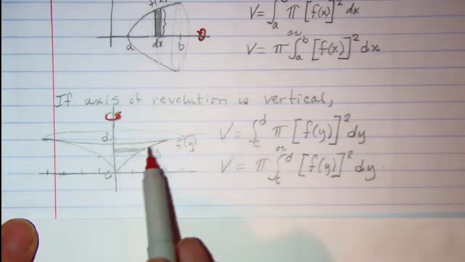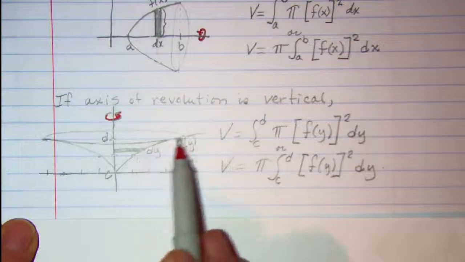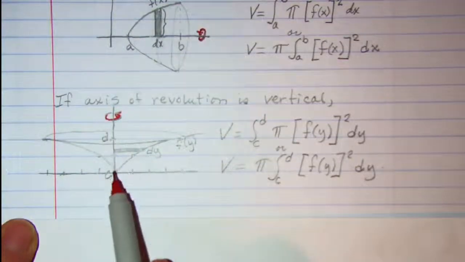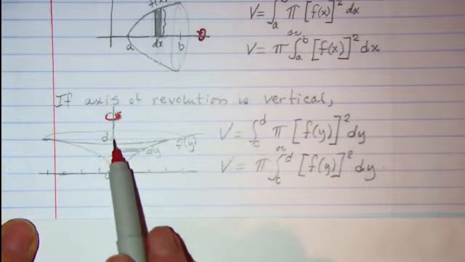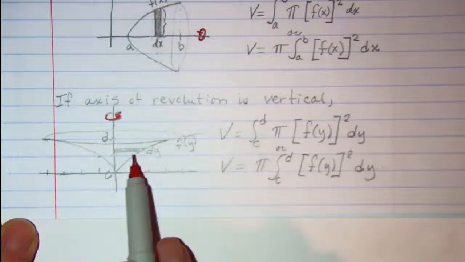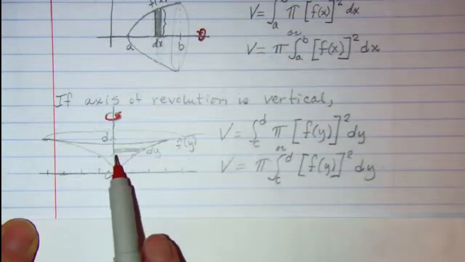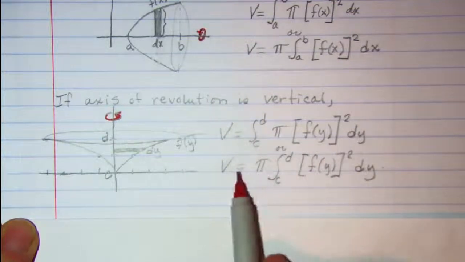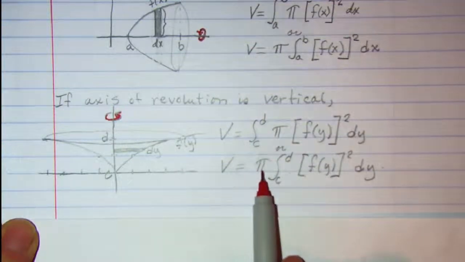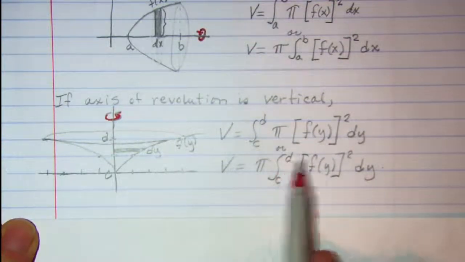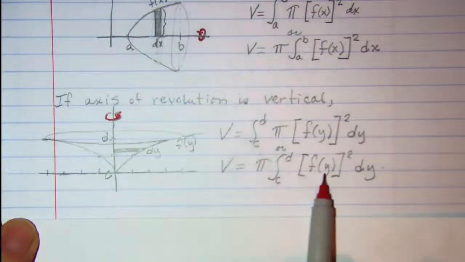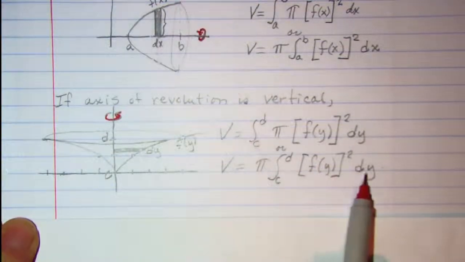Here's our function. So for any given y value, as we move along the interval from c to d, f of y would be the value that we get when we plug in our y value. So volume equals pi times the integral from c to d of f of y squared dy.